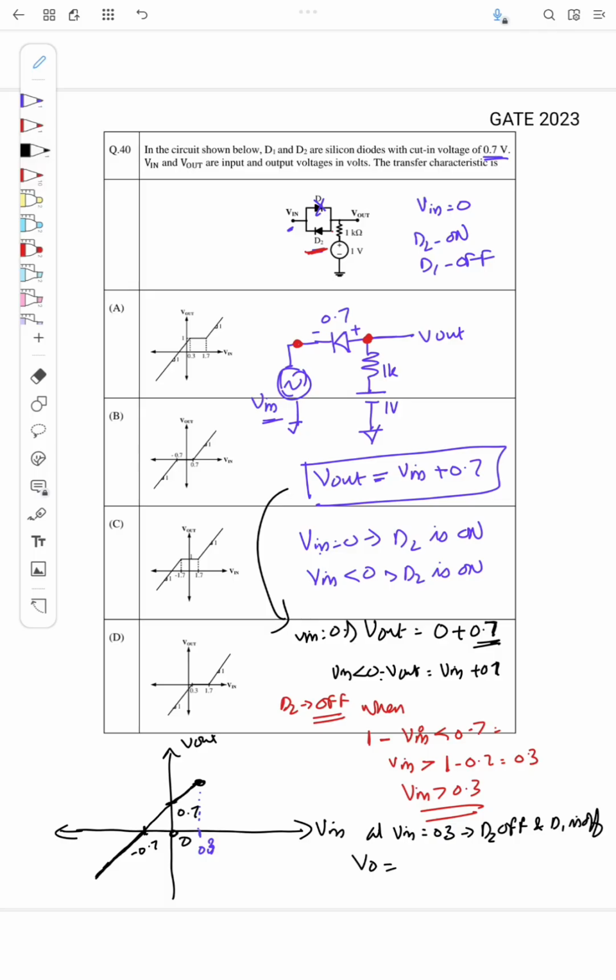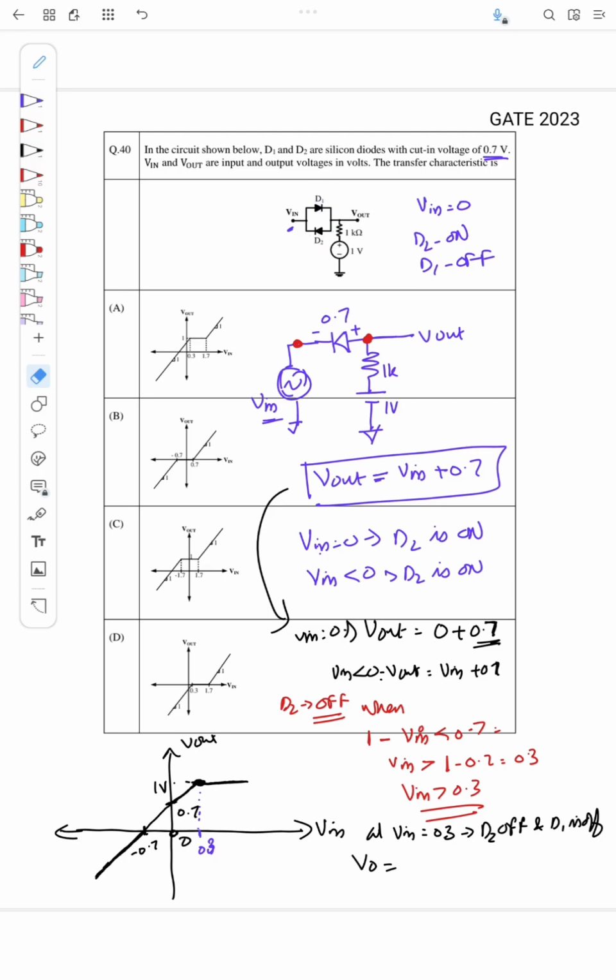So what will be Vout? Both diodes D1 and D2 are off, so whatever is the voltage at this node will come at Vout. Vout will be equal to 1 volt itself. So Vout will now be 1 volt. This continues until D1 is on.